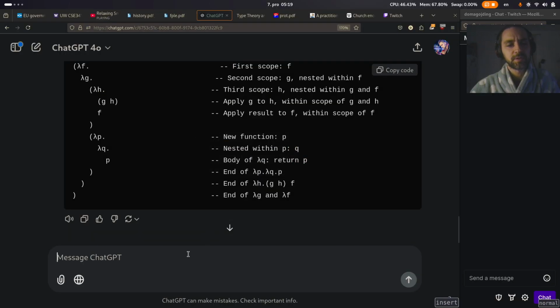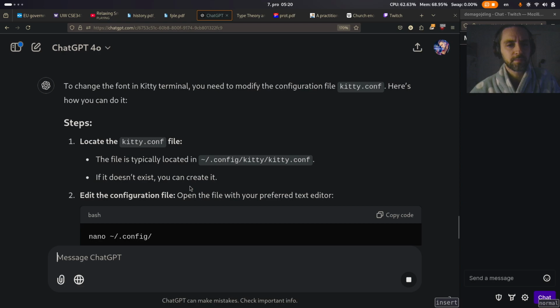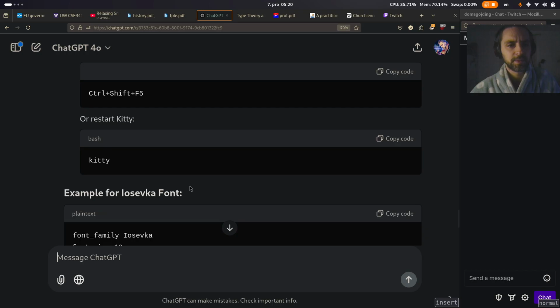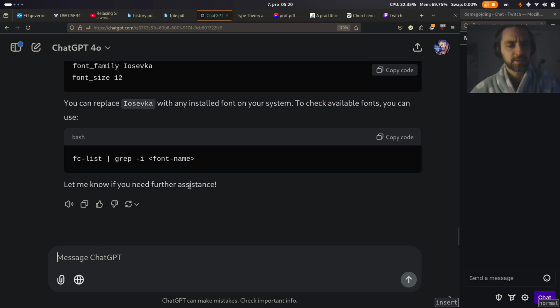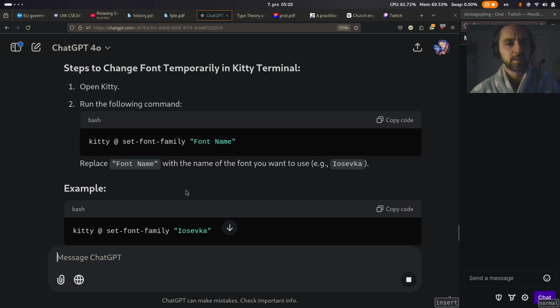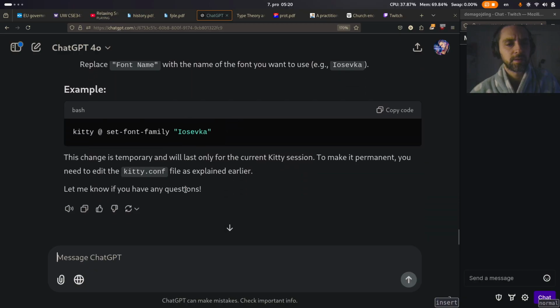Wait, I want to change fonts just for the fun of it. Font in Kitty, how do I change font? I think I can change it within the term. Only for the current session.